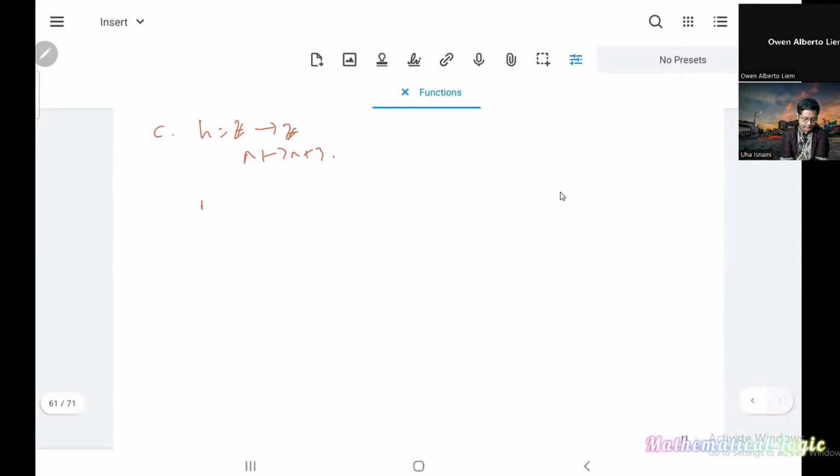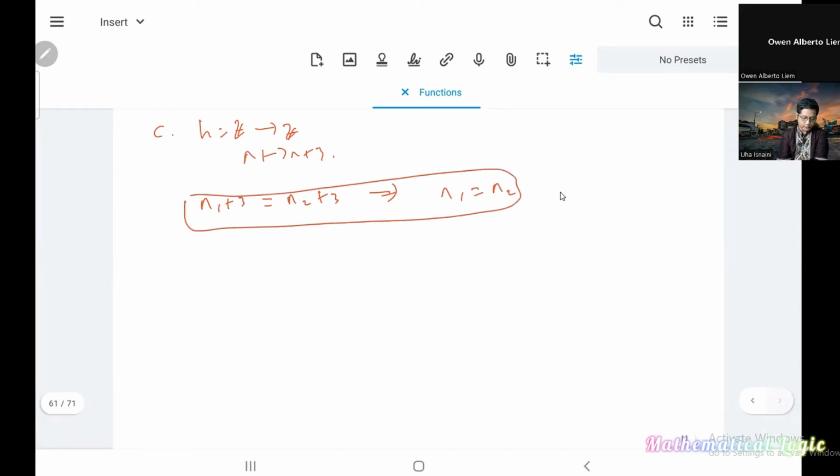Because if we have n1 plus 3 equal to n2 plus 3, then this implies n1 is equal to n2, right? For the quantifiers, I think you can complete it by yourself, but this is the main idea. You take two numbers such that the maps are the same, and so on, but the key point is this one. So this one is injective.